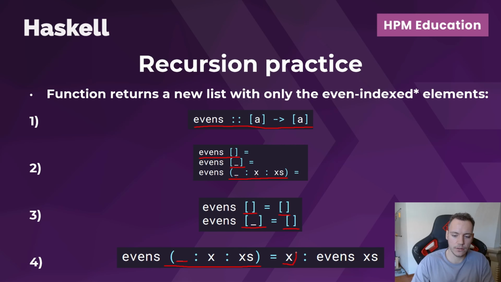So we take the second element, X, and we join it with the recursively processed tail of the list, XS. So we say the even indexed elements of this list of 2 or more elements are its second element and whatever the recursive process of solving the rest of the list brings us.